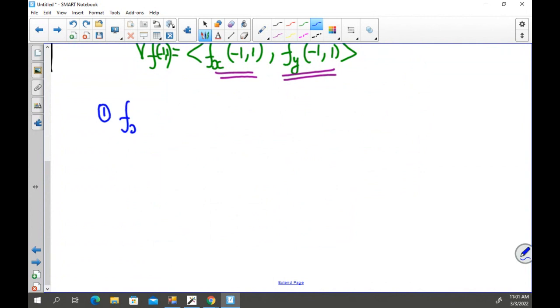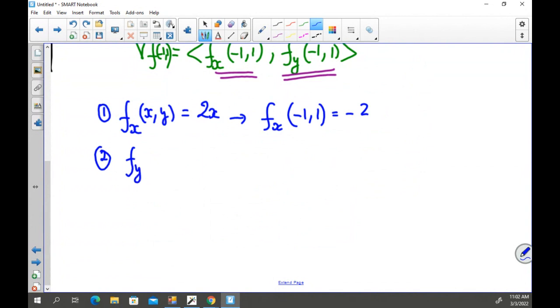So fx is 2x, that's okay. This means fx at the point minus 1, 1 is minus 2. Please pay attention to this also. You will see this question definitely in your test.